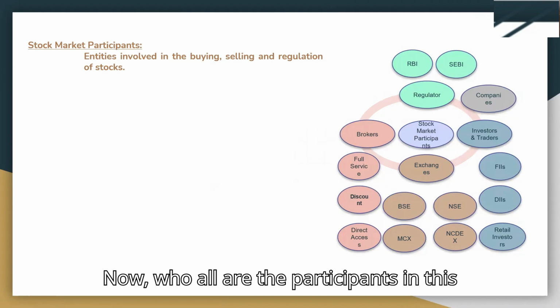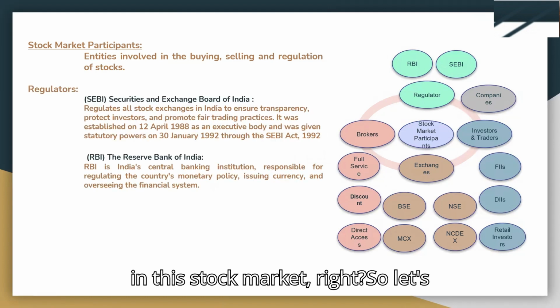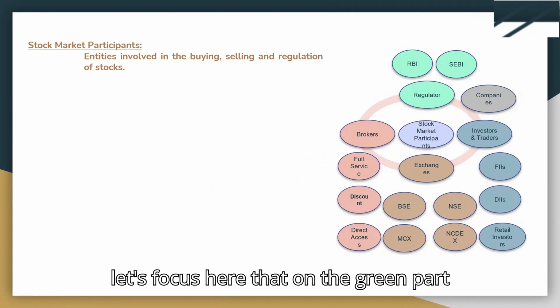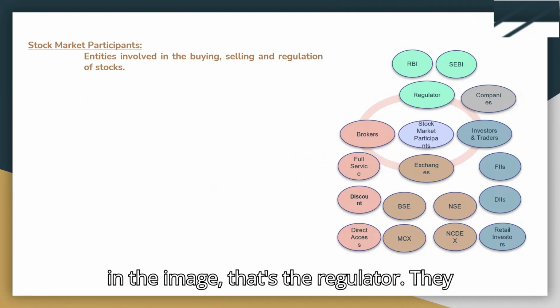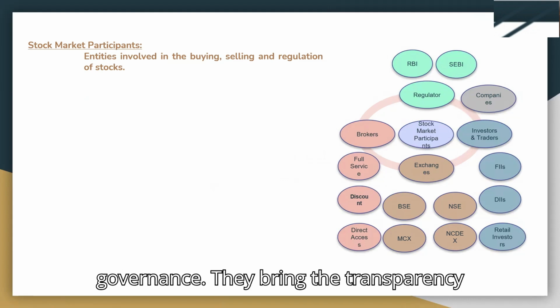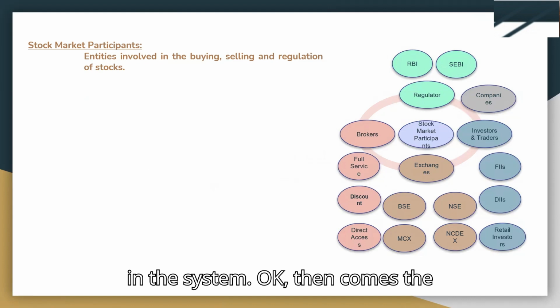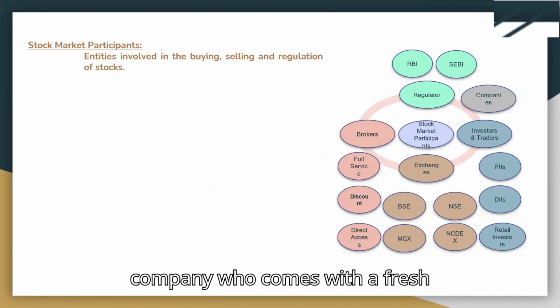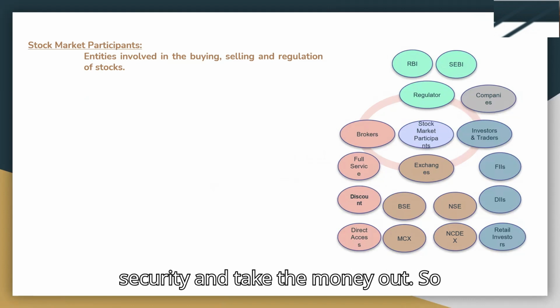Now, who all are the participants in this stock market? So let's focus here on the green part in the image, that's the regulator. They provide us the compliance and the governance. They bring the transparency in the system. Then comes the company, who comes with a fresh security and takes the money out.